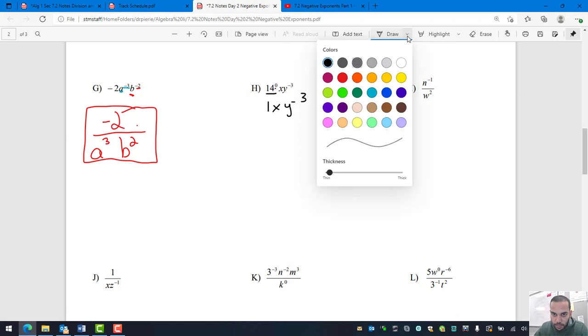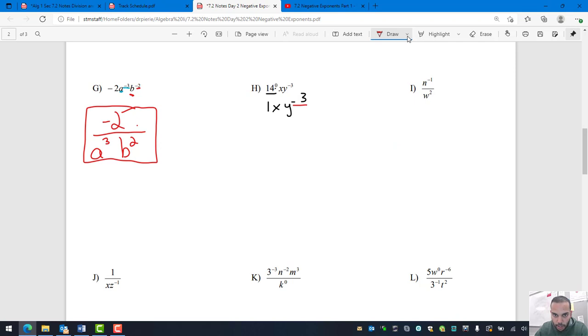In this case, there's no parentheses or anything. The only thing that's being raised to the negative third power is the y. So the only thing that moves is going to be the y. Everything else stays where it's at. So my numerator is just 1x, which is plain x. And my denominator, after you move the y, it should become y to the third power. The exponent becomes positive after you move it.